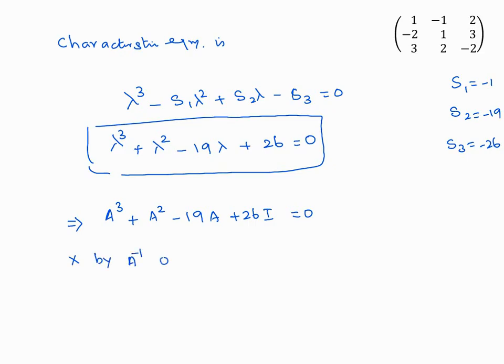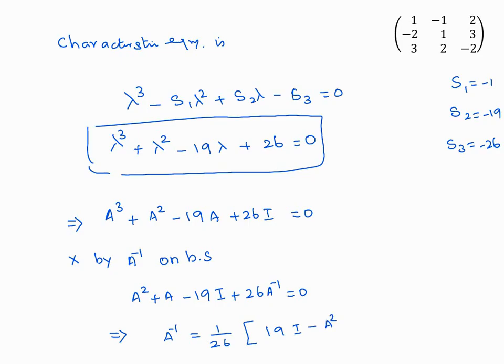We get A square plus A minus 19I plus 26 A inverse equal to 0. From this we write A inverse equal to 1 over 26 of 19I minus A square minus A. Now we find A square and 19I and simplify to get the A inverse.